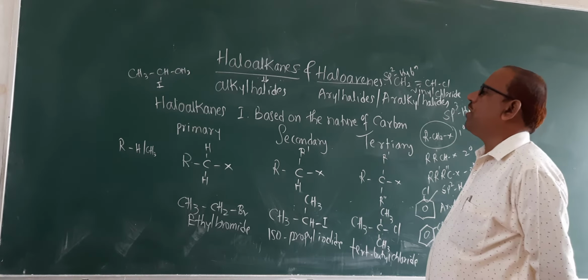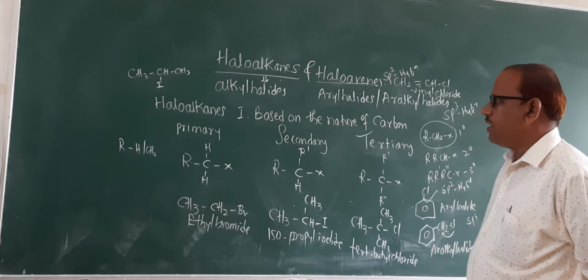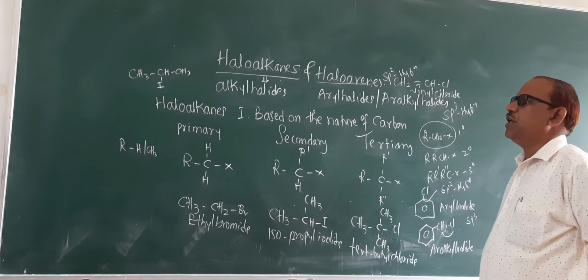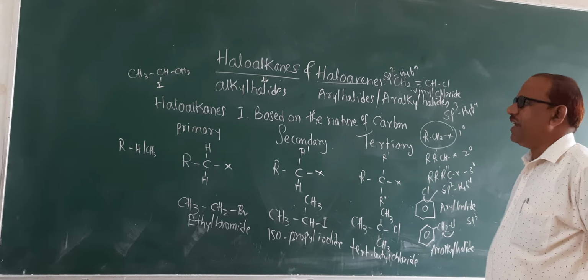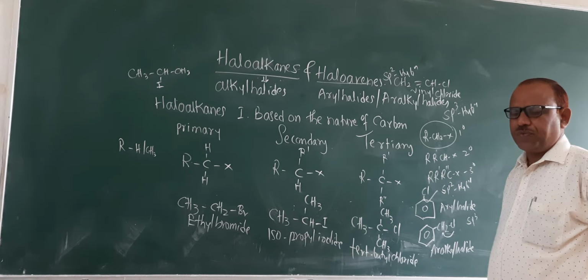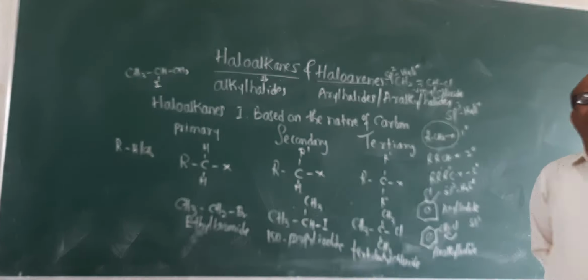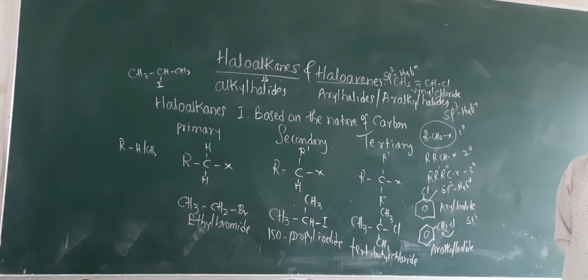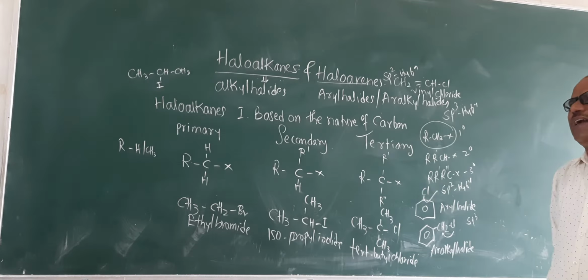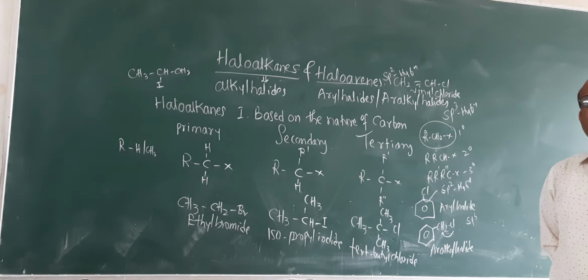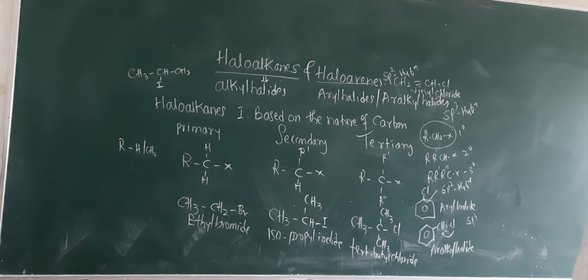Haloalkanes are also called alkyl halides. They are nothing but monohalogen derivatives of alkanes, which are obtained by replacing one hydrogen atom of any alkane by any one of the halogen atoms like chlorine, bromine, iodine, and also fluorine.